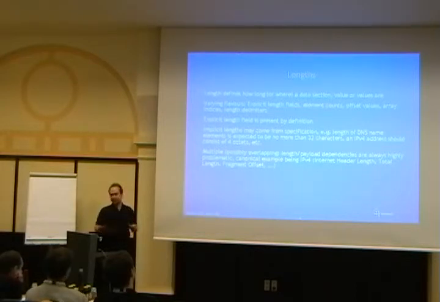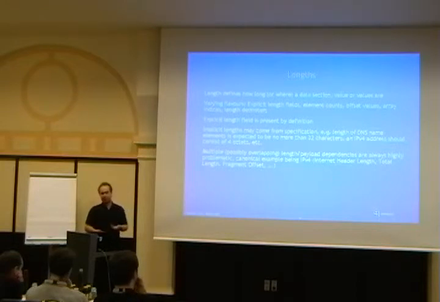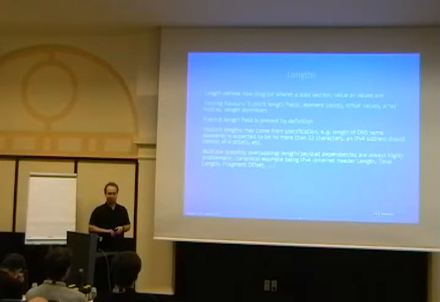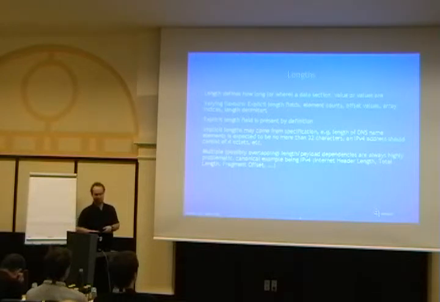An explicit length field is by definition something that you find existing within a protocol message or within a file format. So it's something that has been defined to be there. But there's also implicit lengths. So for instance, DNS name elements should not be more than 32 characters. An IPv4 address is typically assumed to consist of 4 octets, and so on.